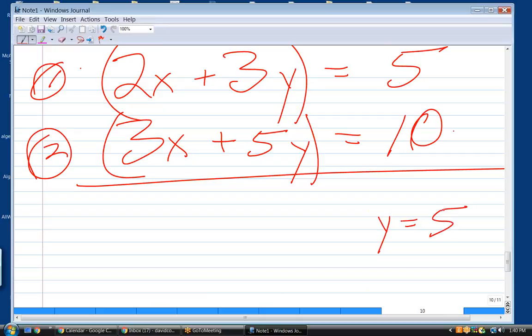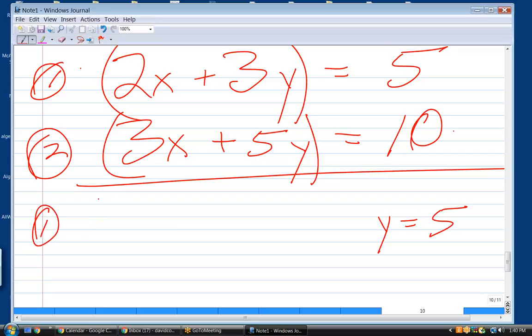That's what we discovered. So which equation would you substitute in to solve for x? Number 1 or number 2? Number 1. It's smaller numbers even than number 2. The biggest number in this is 5. Down here we've got 10s, 5s, and 3s. So let's substitute.